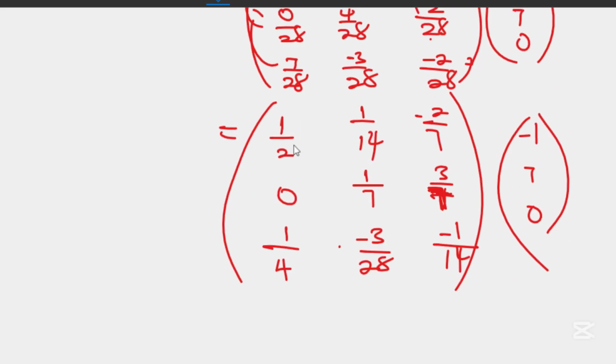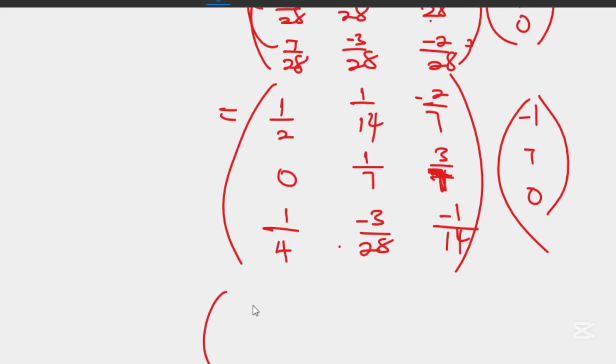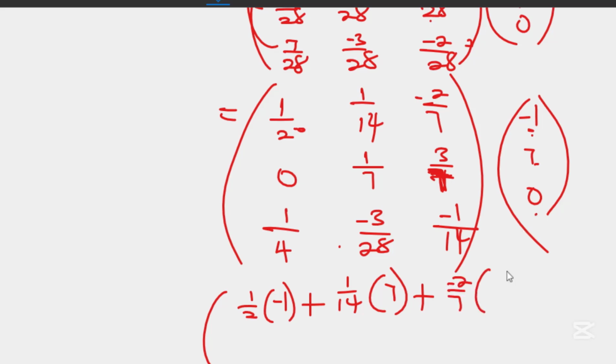So the whole of this is times negative 1, 7, 0. When you take each row, you are going to have 1 on 2 times negative 1, plus 1 on 14 times the next number, which is 7, plus negative 2 on 7 times the last one, which is 0.